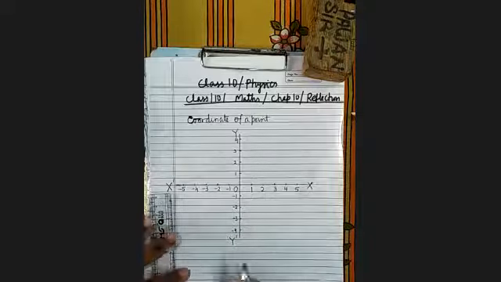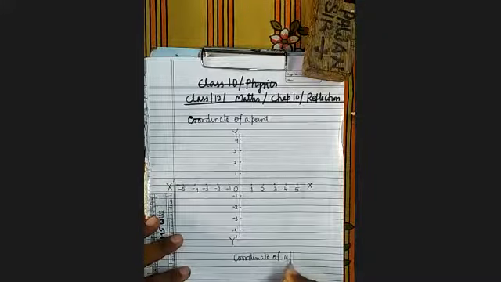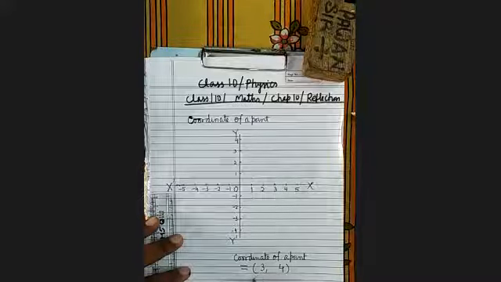Now suppose the coordinate of a point is given as 3, 4. So here 3 is known as the x coordinate, and 4 is called the y coordinate.